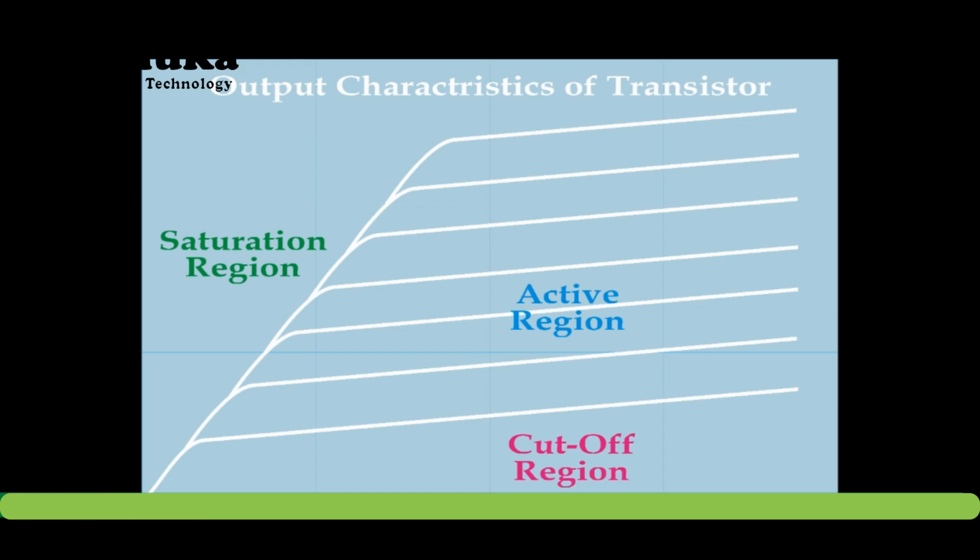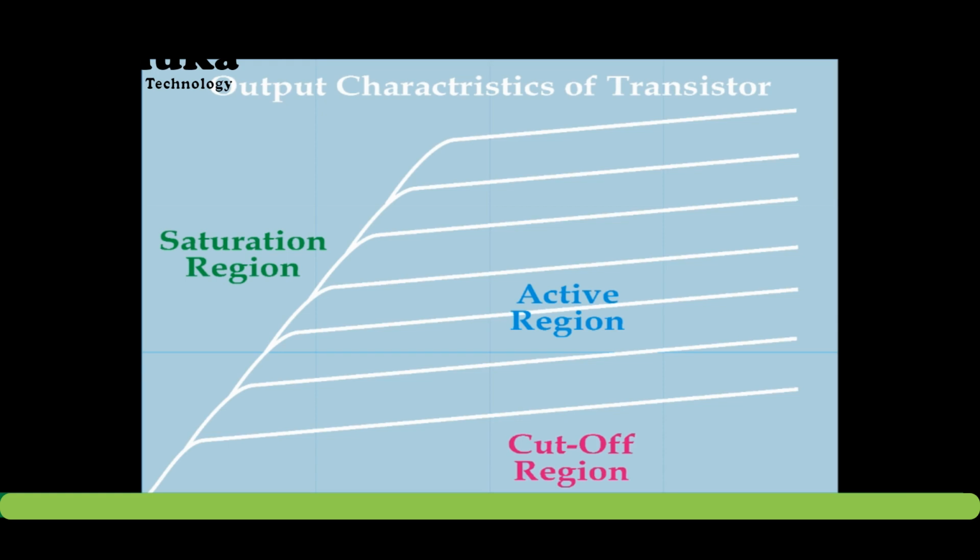When the transistor is in saturation, the transistor is fully on. That means the input voltage or biasing voltage at the transistor's input is very high, so the transistor will be fully on. That region is called the saturation region.